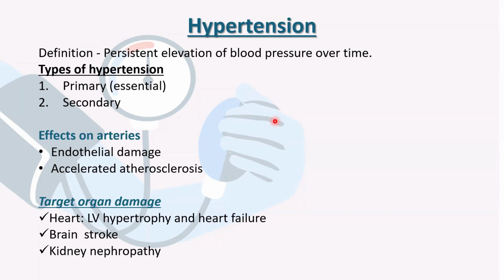So types of hypertension, you can have primary and secondary. Primary is also known as essential hypertension. Its cause is not known. But secondary means this hypertension is coming with other diseases. For example, atherosclerosis is the narrowing of the arteries or blood vessels.